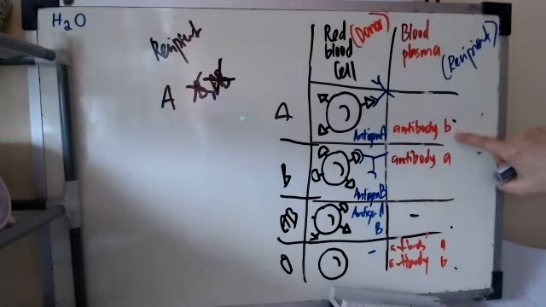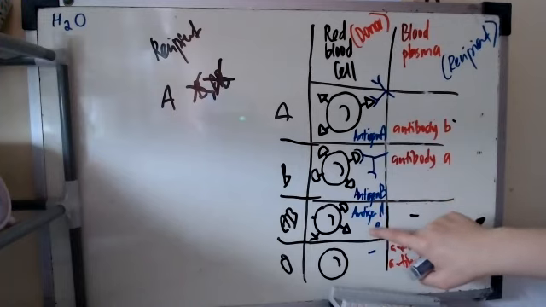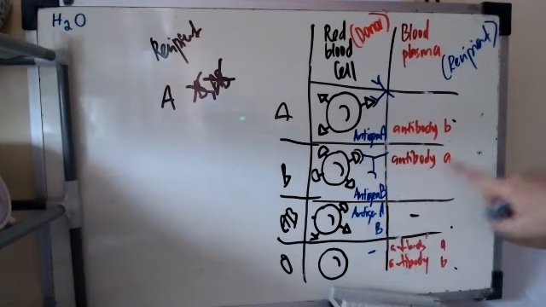Since you have antibody B, you cannot accept antigen B. So in that case, you can accept A and O.